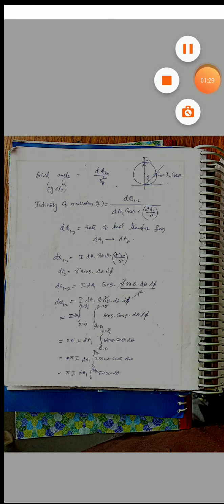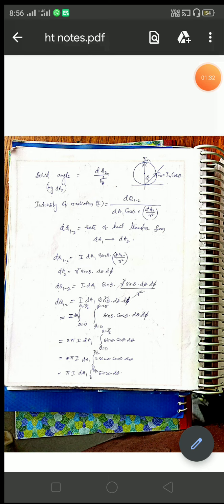Intensity of radiation is dq12 over dA1 cos theta into dA2. From dA1 the radiation is emitted and it is about to reach dA2.